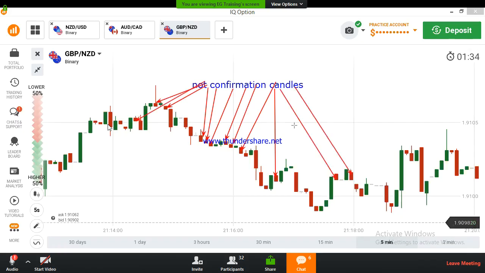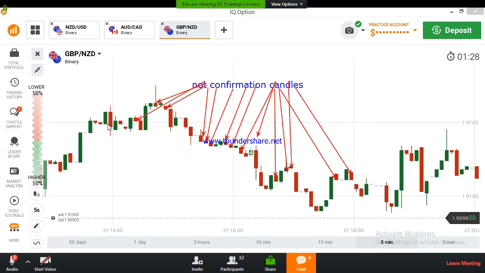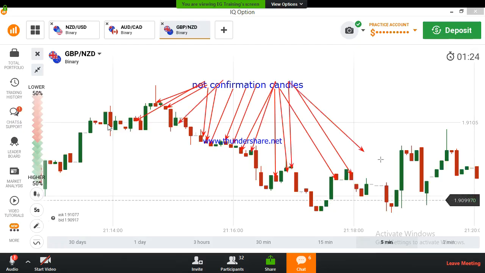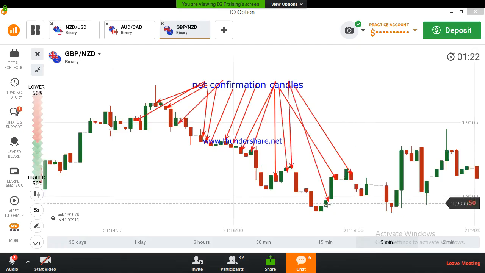And if you want to place a higher option, you can't take these candles as confirmation candles. These green candles, very weak candles. Here this one and this one. We can't trust these candles because these are weak candles.